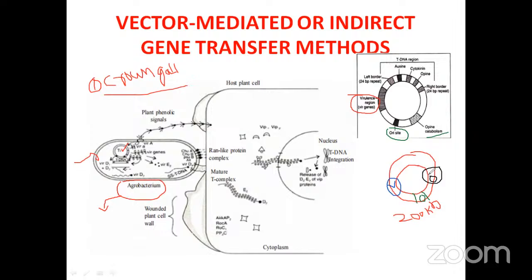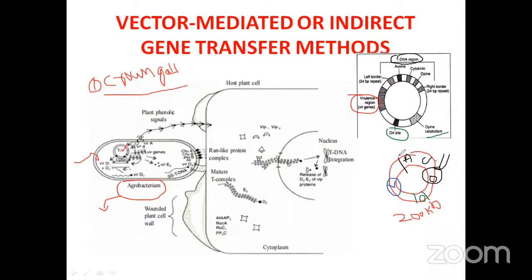And apart from that, some T-DNA regions: the left border, 25 base pairs, auxin region, cytokinin region, and opine region. They are all present. First, the T-DNA region.